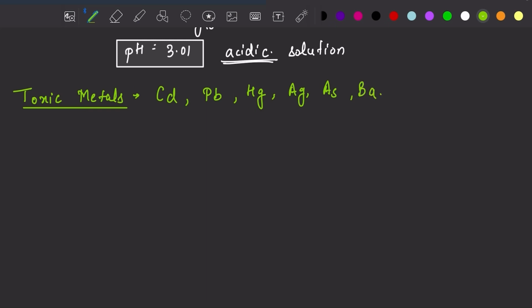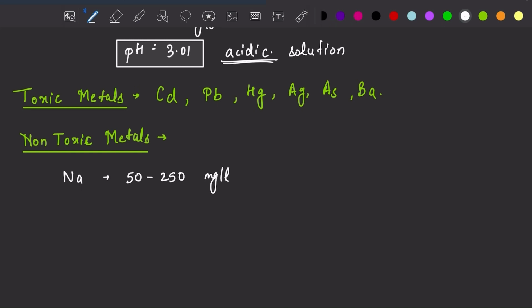These are the toxic metals that are present in the water. And non-toxic, so the non-toxic metals which are present in water are sodium, that is Na, and sodium has permissible values 50 to 250 milligram per liter.